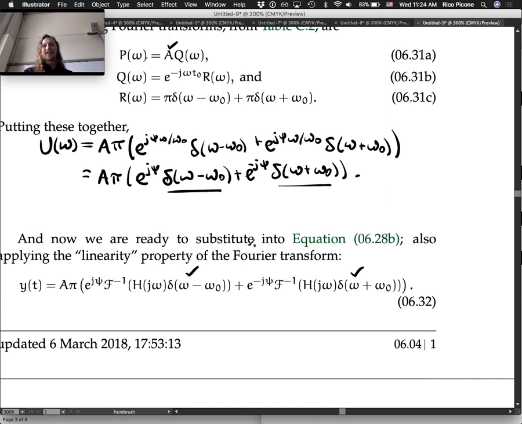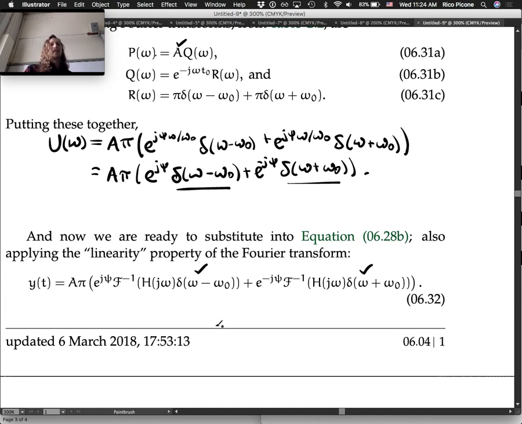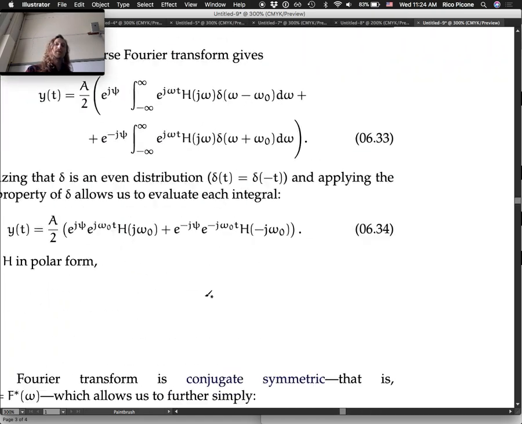So our 632, it looks like we're in a bit of a quandary here because we have this h of j omega. Remember, h of j omega depends on the system, right? So you might think, well, we're not going to be able to integrate over this until we actually know what h of j omega is. However, when these Dirac delta functions come in, they simplify it big time for us. So, that's what we do.